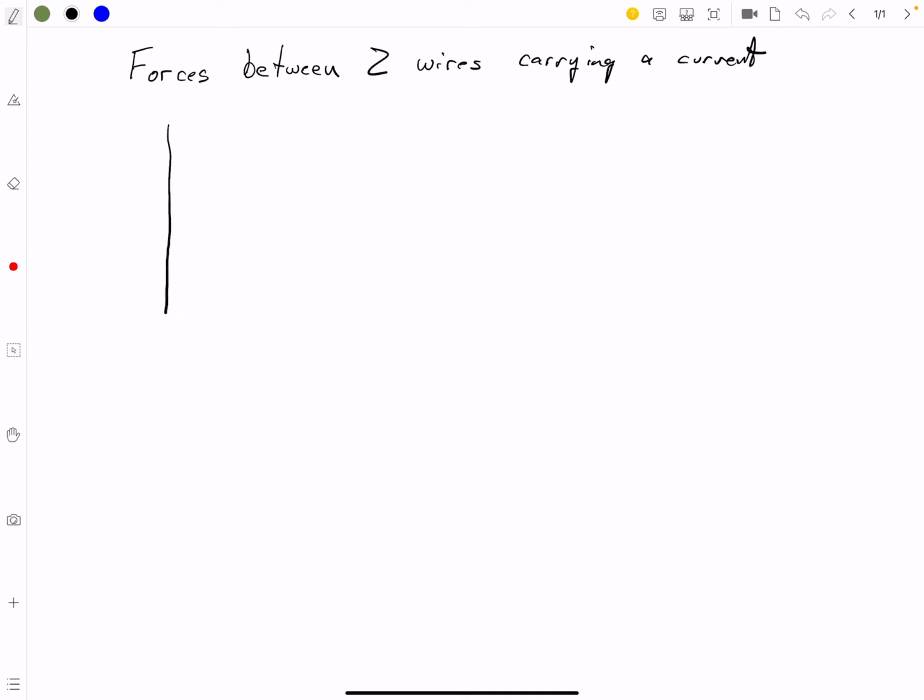So we've got two. We'll put I1 down here. We'll put I2 down there. They're a certain distance apart. We'll call it R. We can do our X and Y axis. Always good to do.